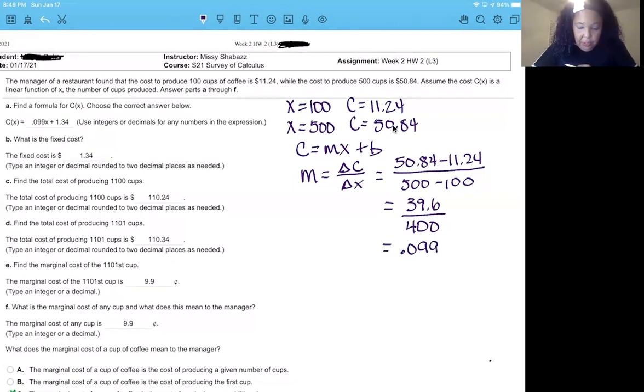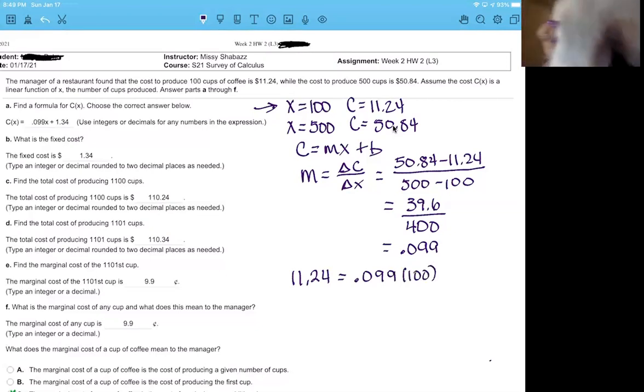Now I still need to figure out what my y-intercept is. The way that I choose to find my y-intercept is I'm going to plug in my point and my slope and then solve for b. So I'm going to choose the first point. You can choose either point. It doesn't matter. So 11.24 equals m, which is 0.099, times x, which is 100, plus b.